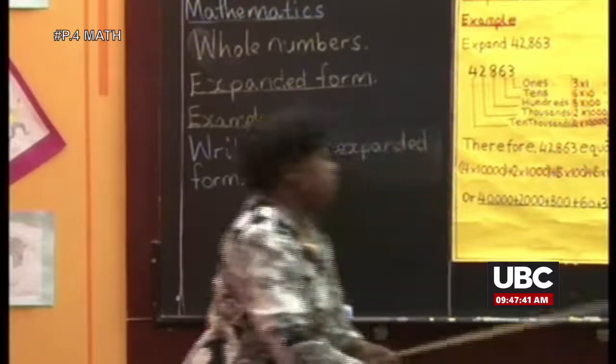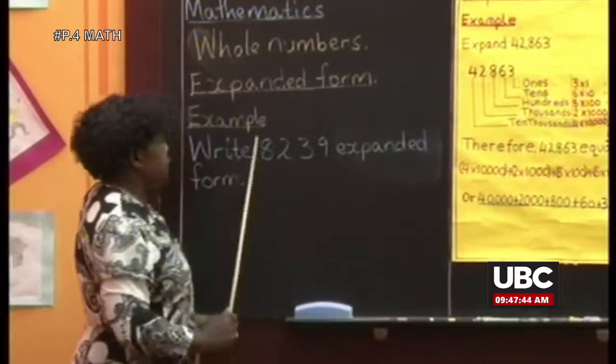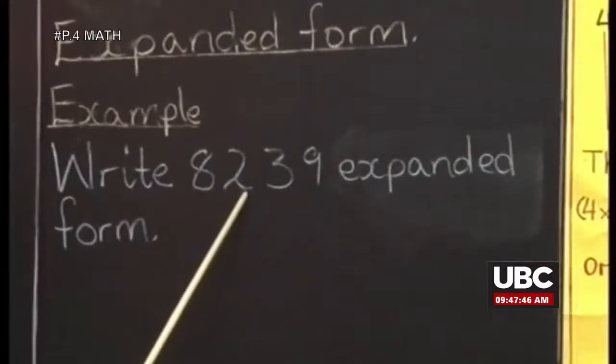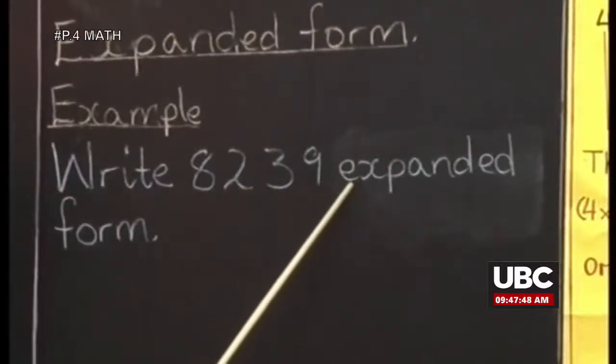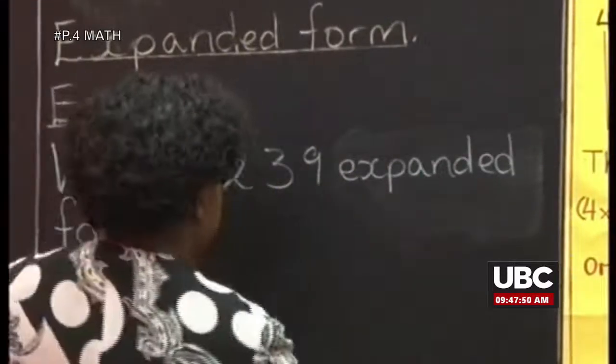Our next example says, write 8,239 in expanded form.